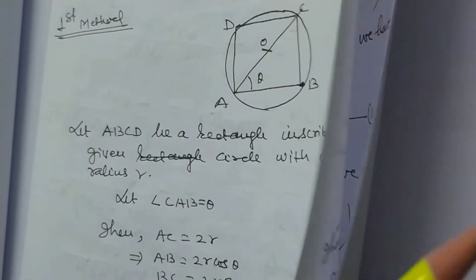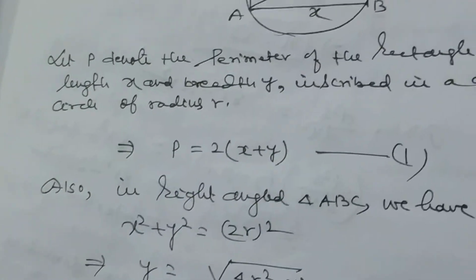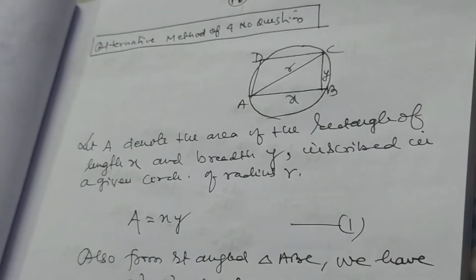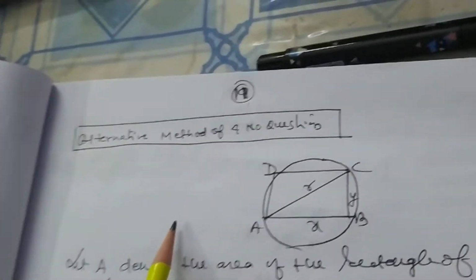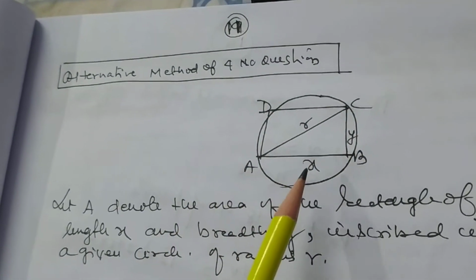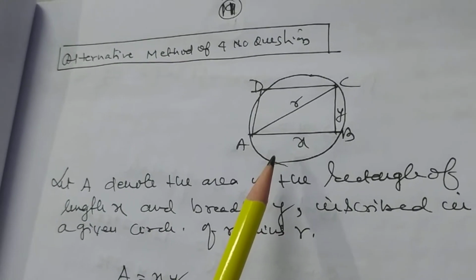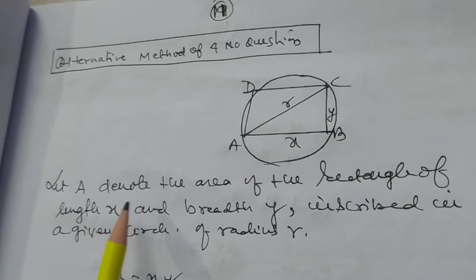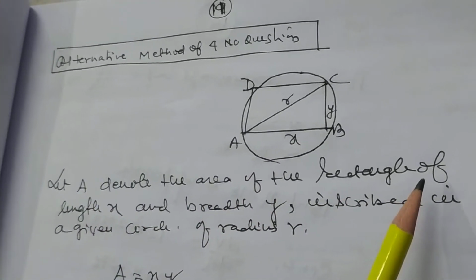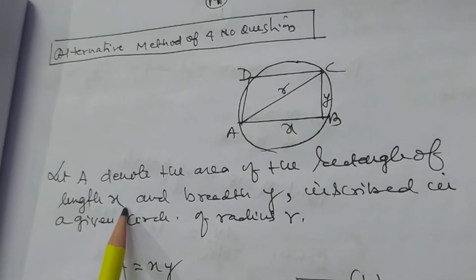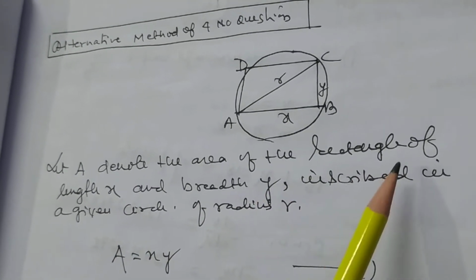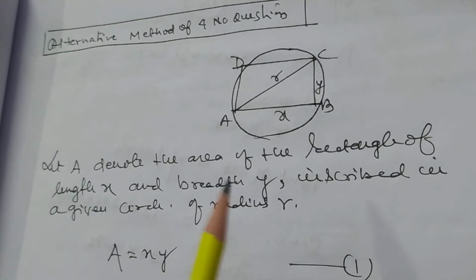Now we may solve this problem in another way also. Now see the alternative method. Suppose ABCD is a rectangle inscribed in a circle. Let A denote the area of the rectangle of length x and breadth y, inscribed in a given circle of radius r.